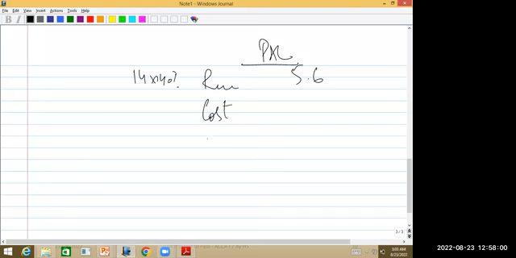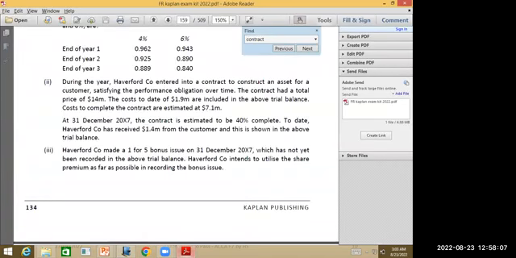Second one is the cost and the profit. With respect to the cost, you need to take the cost incurred to date. So up till now, we have incurred 1.9 million. Am I right?